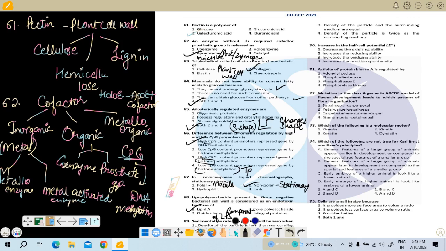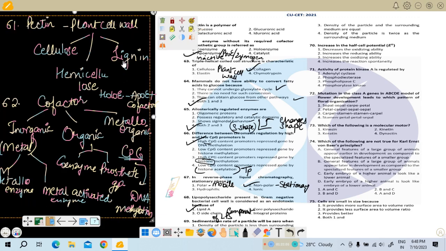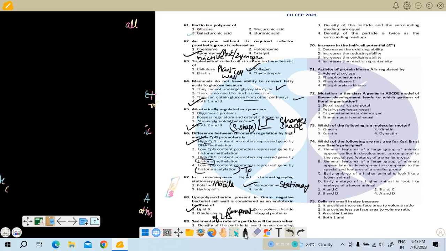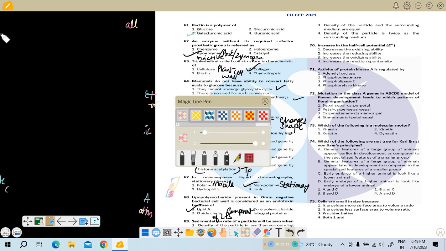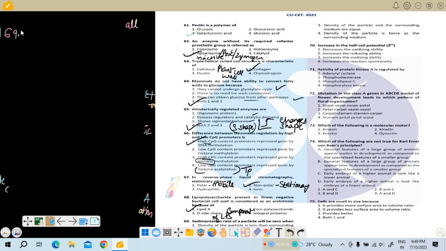Coming to 69th question. Sedimentation rate of a particle will be 0 when density of the particle is less than surrounding medium.